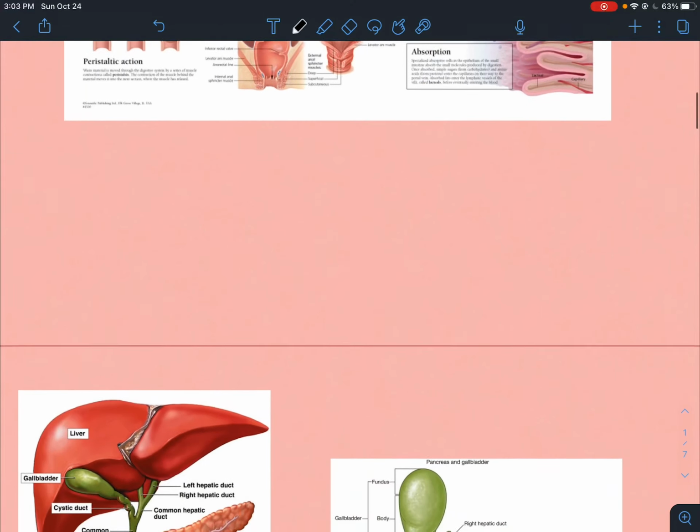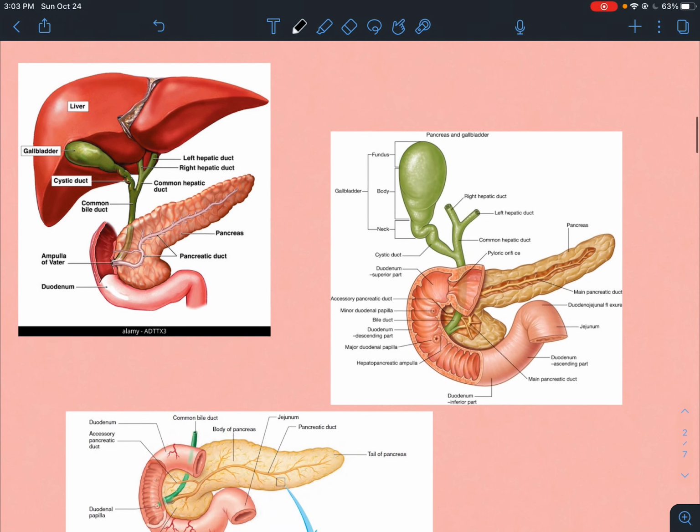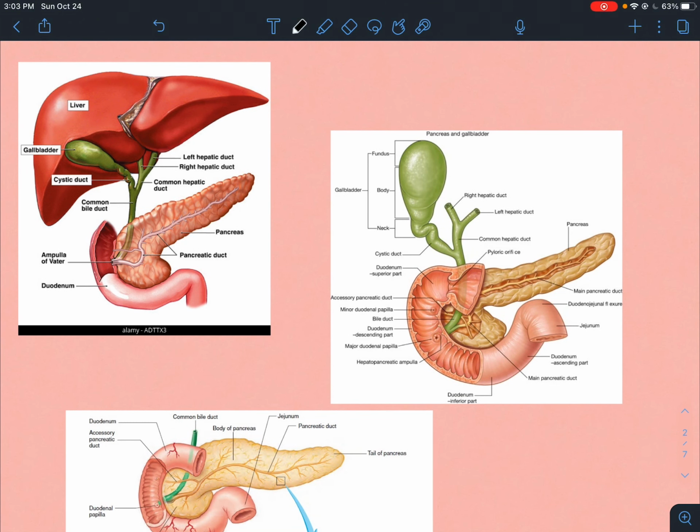So let's go ahead and look at how the liver, the gallbladder, and the pancreas are linked. The first thing to notice and to realize is that the liver is the site of bile production. And the gallbladder, on the other hand, is the site of bile storage.